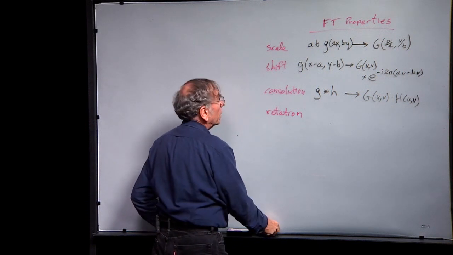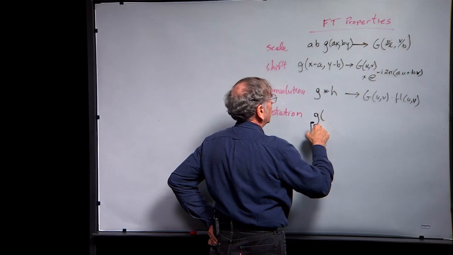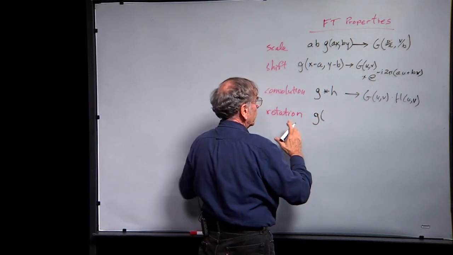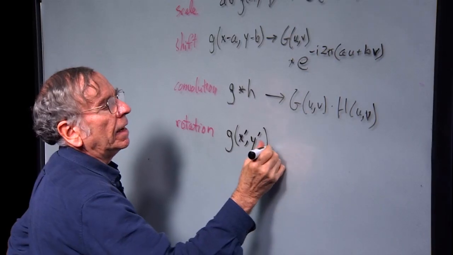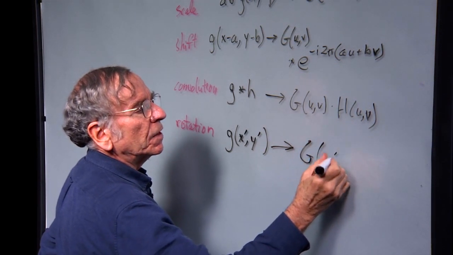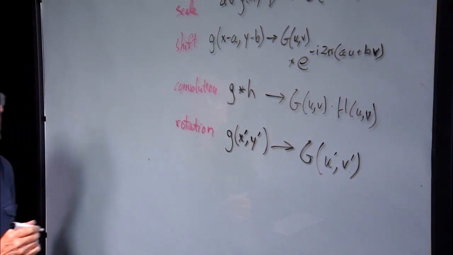And the rule is just this: if I take a function and rotate it, I'll show you what I mean in a minute, its Fourier transform is also rotated in a similar way.